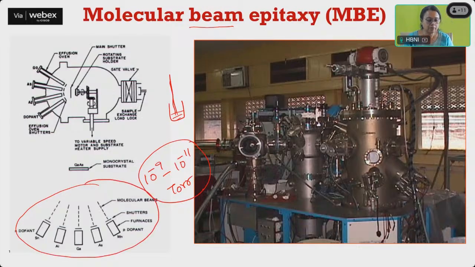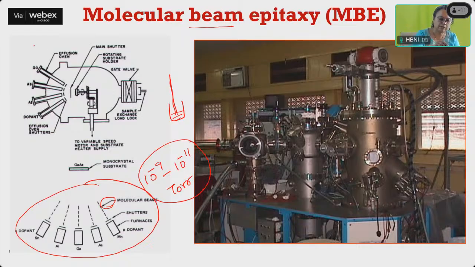Here the evaporation is not happening from a wire, we are using a crucible, called a Knudsen cell. We will be coming to that. We put the material here and there is a shutter, and when it is evaporating, it forms a beam of the molecules. This example is for gallium arsenide. So it forms a beam.